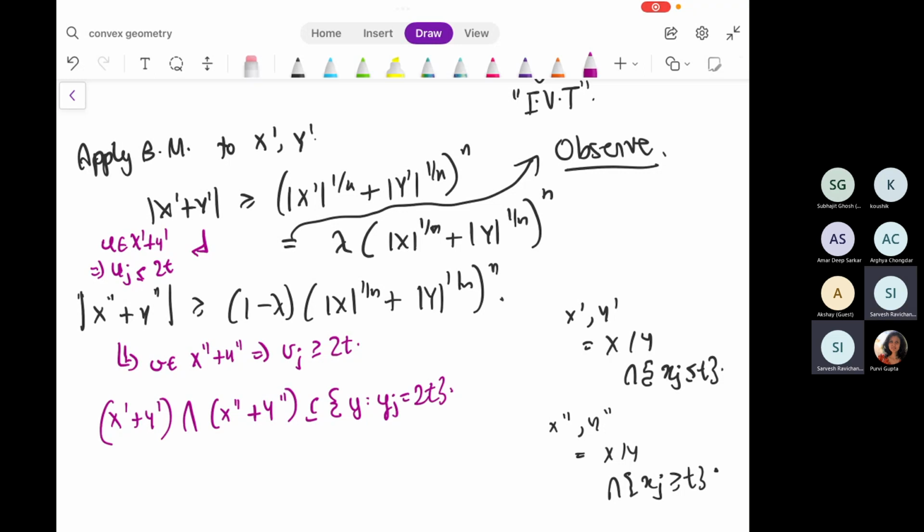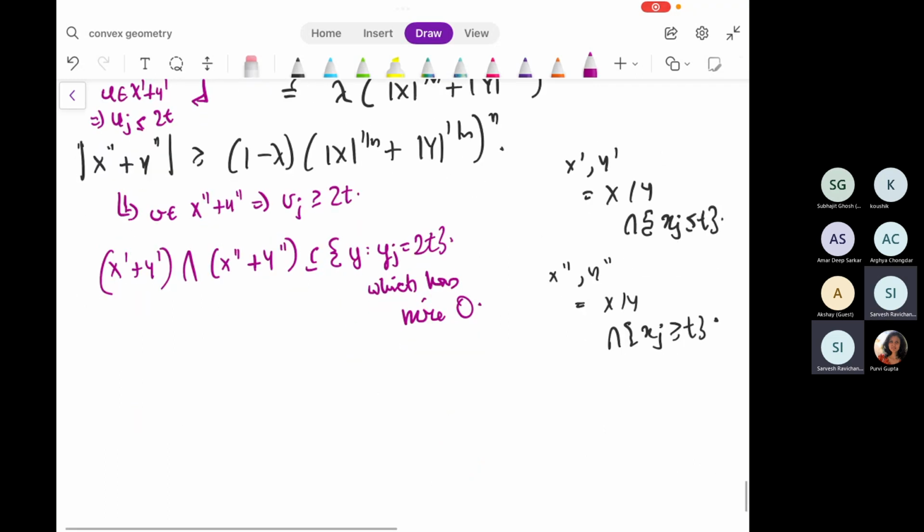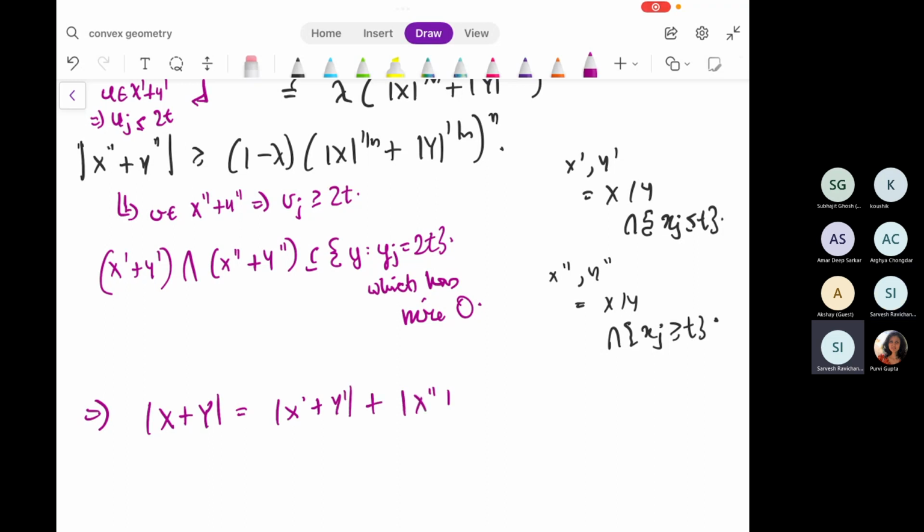And this is a set that has measure 0. So because of this relationship, the measure of x plus y is just equal to the measure of x prime plus y prime plus the measure of x double prime plus y double prime.